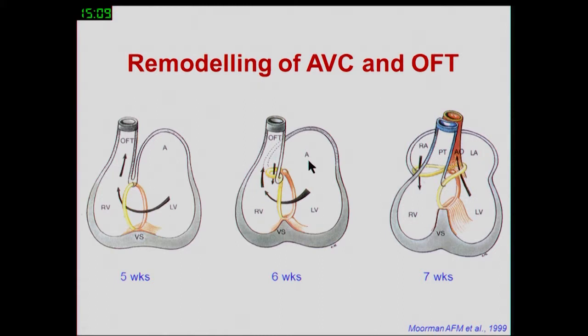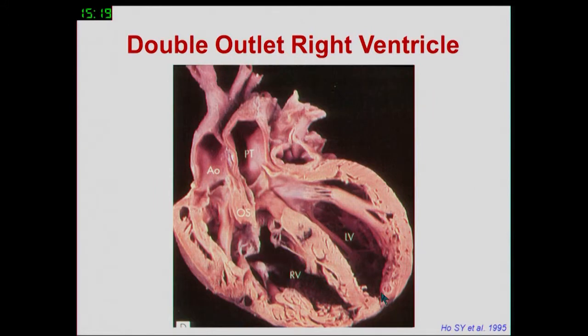And for direct connection of the aorta to LV, leftward movement of the outflow tract is required. DORV is an example of an outflow tract remodeling defect. Both the pulmonary trunk and aorta are still connected to the right ventricle.